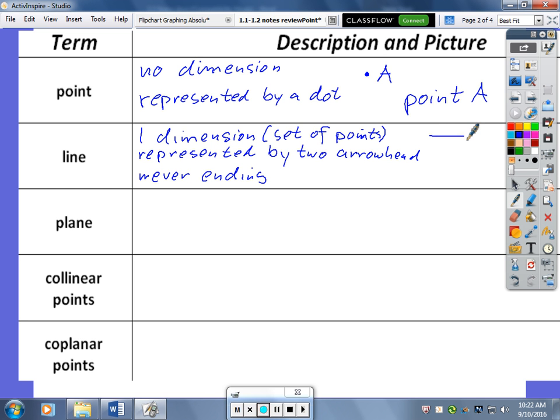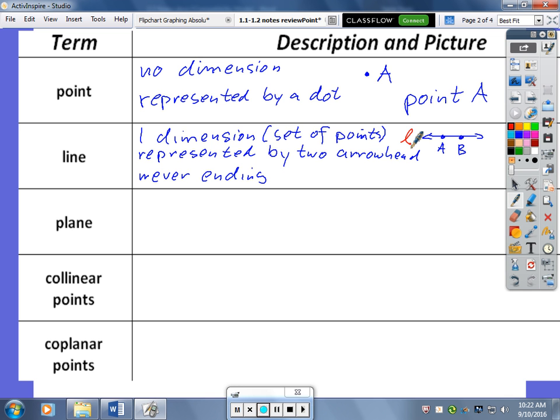Let me draw a line with two arrowheads at the end, and let's put a couple of points on there that will help us to name it. So now there are a couple different ways to name this line. We can use a lowercase letter.